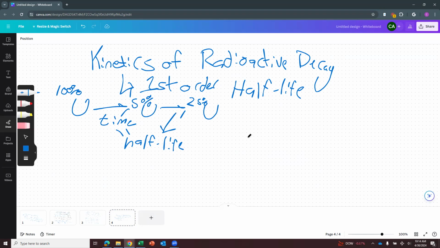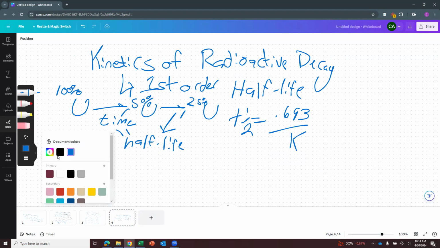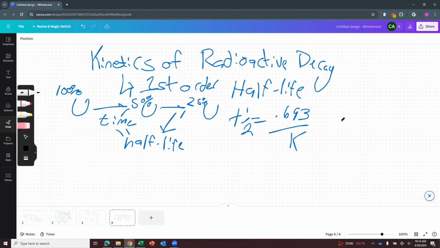So for a half-life reaction, T1/2 is equal to 0.693 divided by K. So if I want my half-life time, I need to take 0.693 divided by K. All right, let's talk about K. We've talked about a lot of different Ks this term, but this K is not an equilibrium constant.